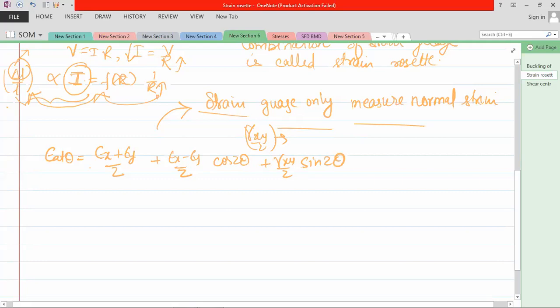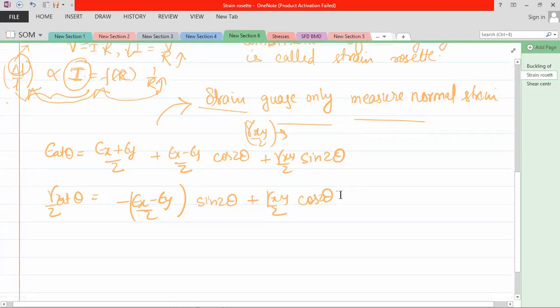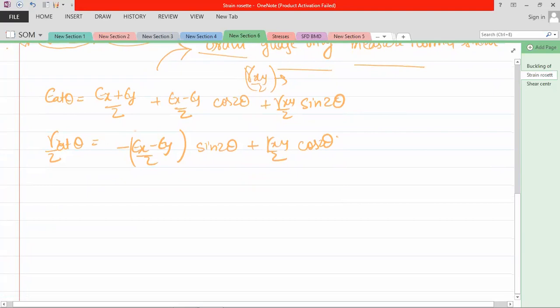This is your epsilon at any theta, and gamma by 2 at any theta is minus epsilon x minus epsilon y by 2 sine 2 theta plus gamma xy by 2 cos 2 theta. You need to learn this formula because you are not going to derive the equations. For strain rosette, this is the only formula, and these formulas are obtained from the Mohr circle.